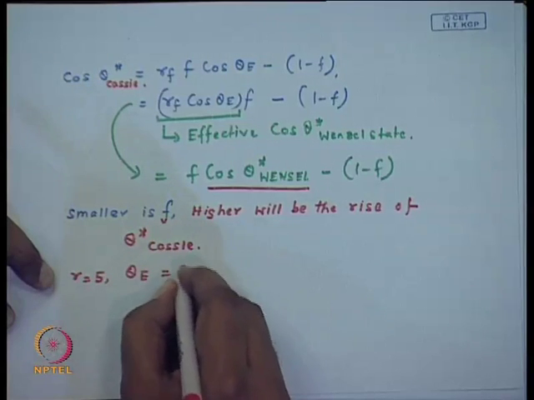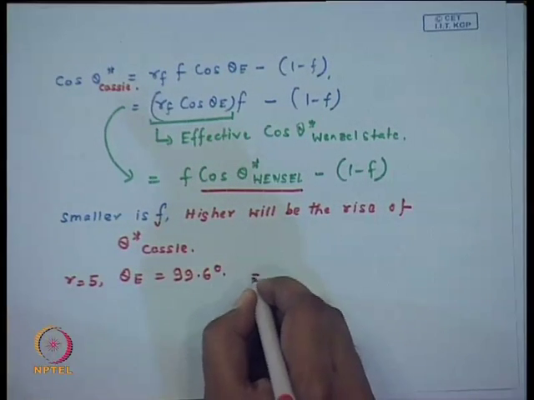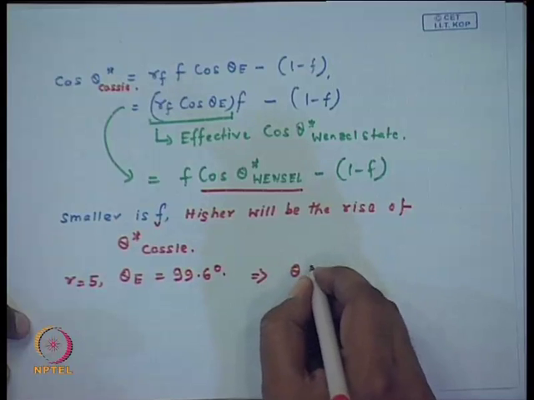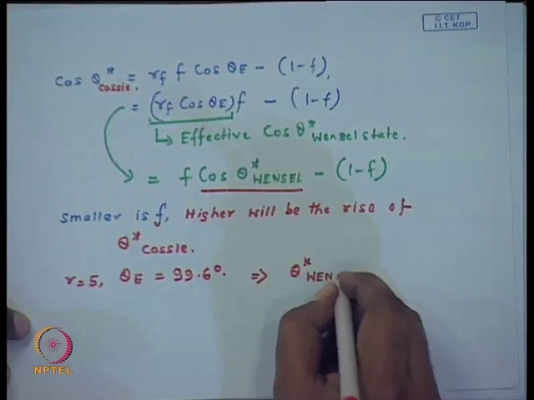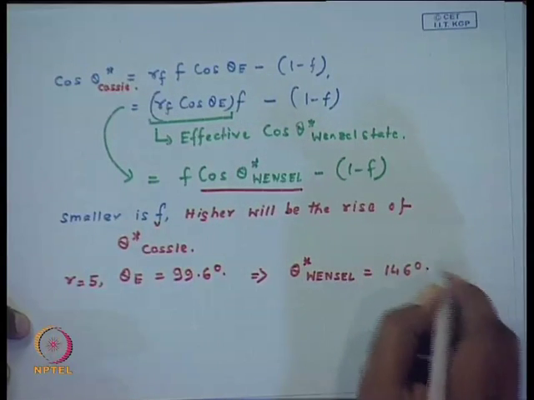Okay. So, now let us look at the previous example with r equal to 5 and theta e equal to 99.6 degree. We have already obtained that theta star Wenzel is around 146 degree.